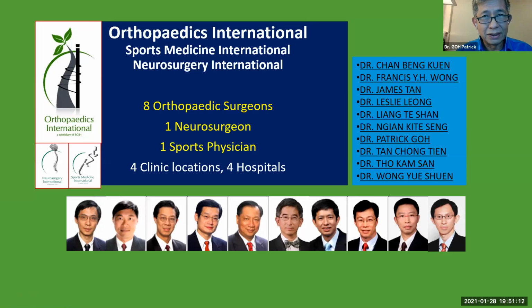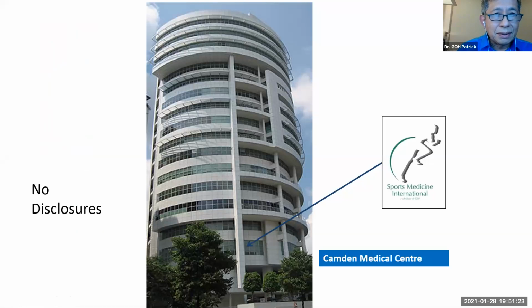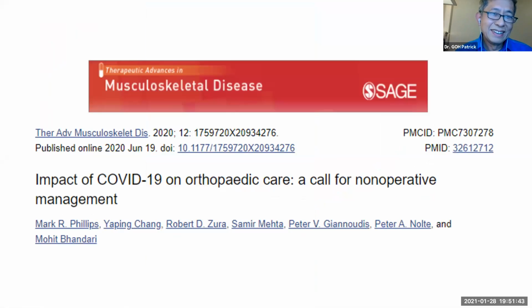This is the clinic where I work at Camden Medical Center in Singapore, a very distinct building built by the world-famous architect Richard Meier. Ordinarily I would be speaking from there, but today, being evening and having finished work, I'm speaking from home, an undisclosed location.